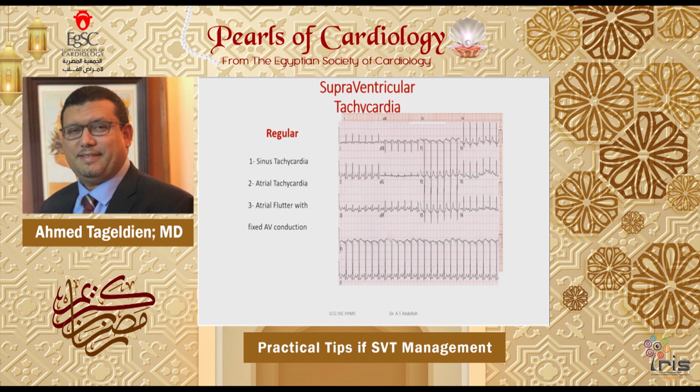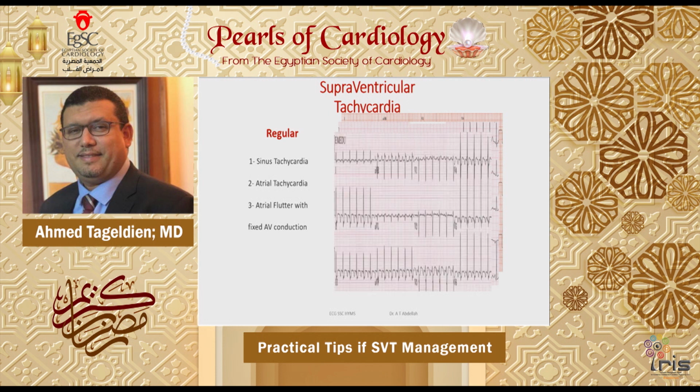Atrial flutter with fixed AV conduction, as you see in this ECG, has a typical sawtooth appearance with 2 to 1 conduction. Ventricular rate is 150 and flutter rate is 300 beats per minute.